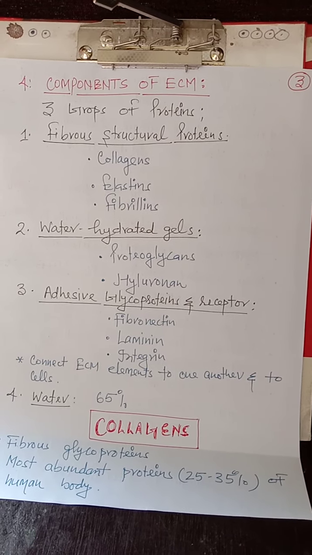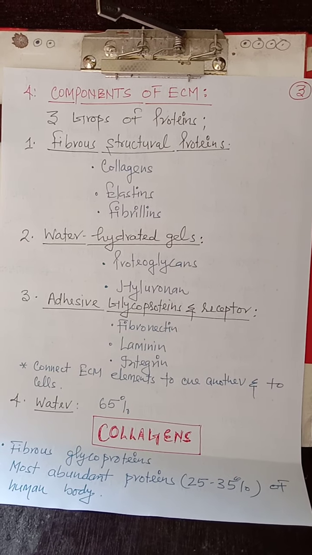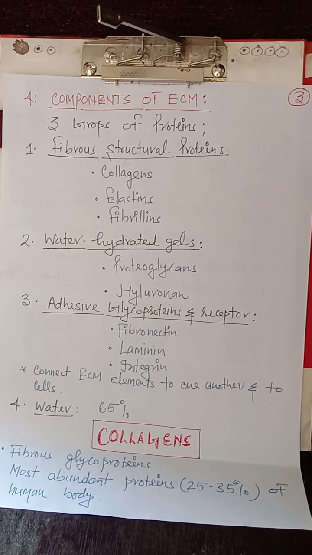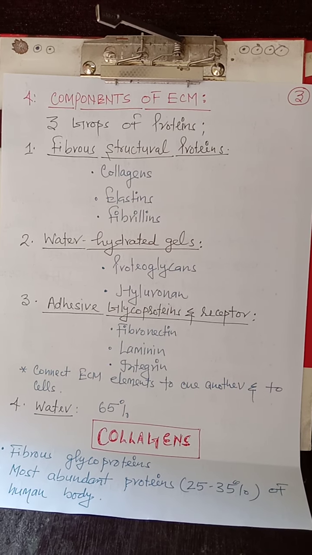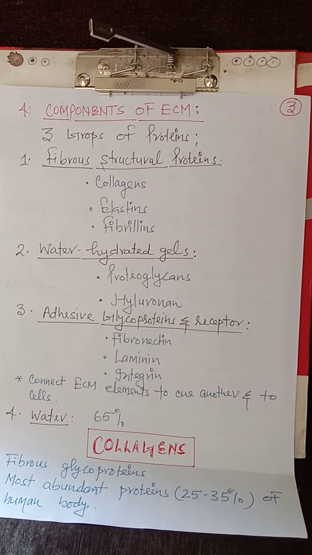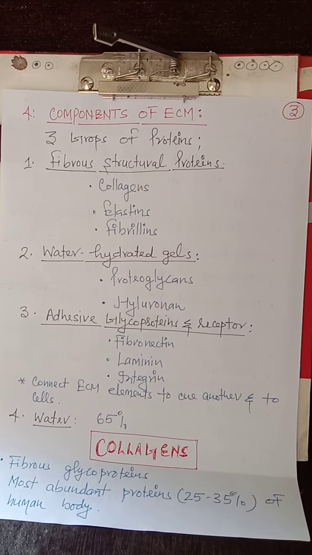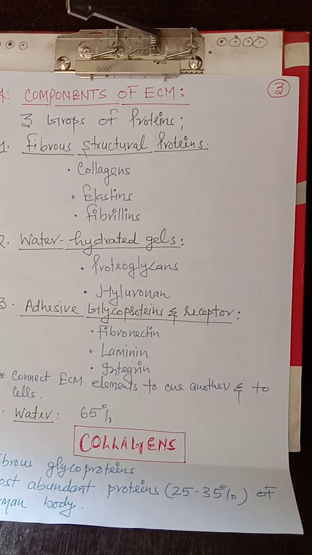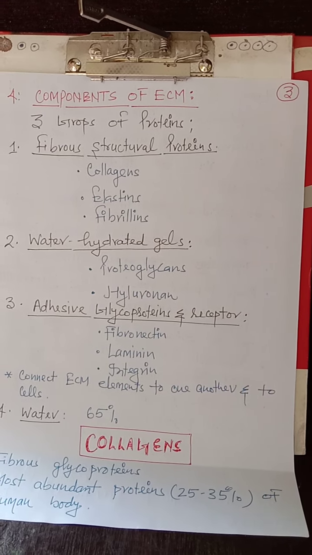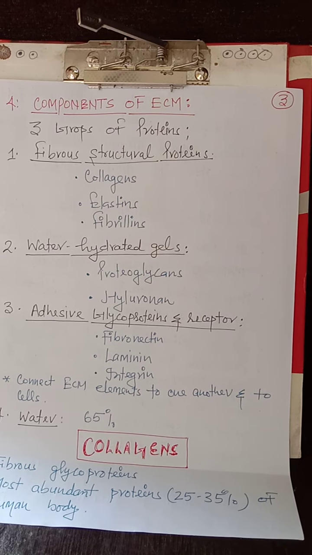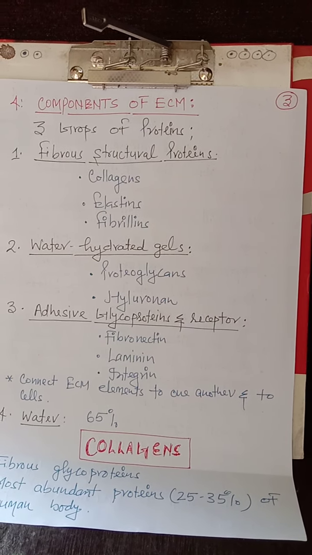Adhesive glycoproteins and receptors are another component of the ECM. They are responsible for making the receptors as well as for the connection from one matrix element to another, such as fibronectin, laminin, integrin. These are adhesive glycoprotein receptors.